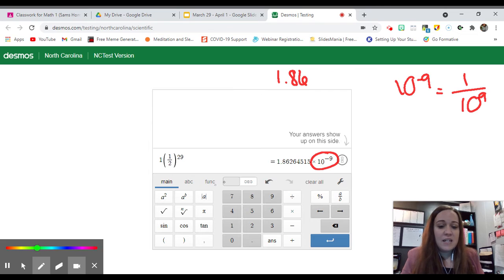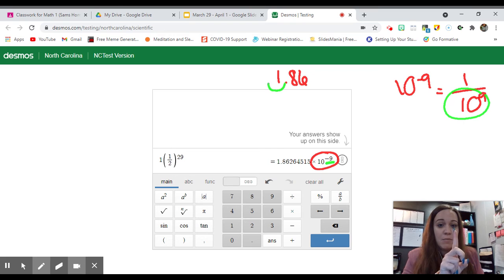Saying that it is 10 to the negative 9th power right here means I'm going to be dividing by 10 9 times. So that place value is going to change. And again, dividing is going to take my decimal point to the left 9 times. So 1, 2, 3, 4, 5, 6, 7, 8, 9.